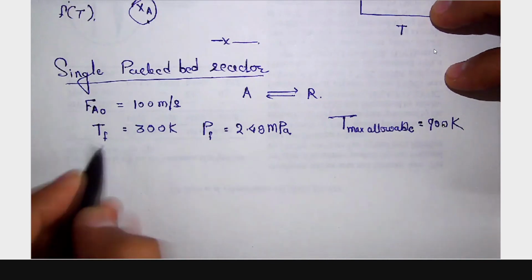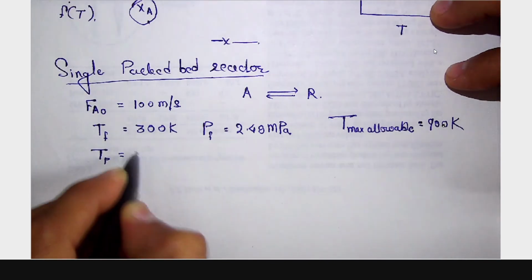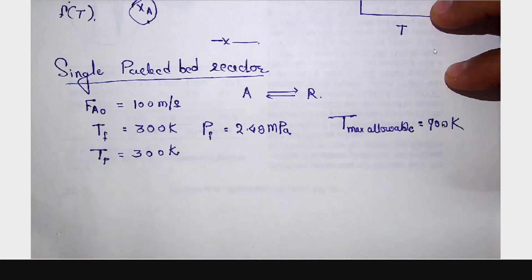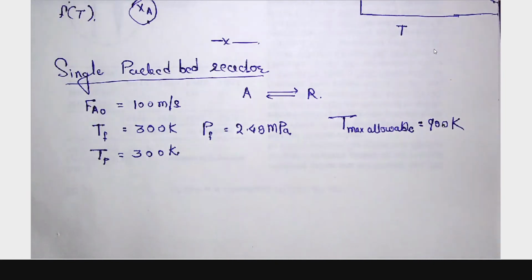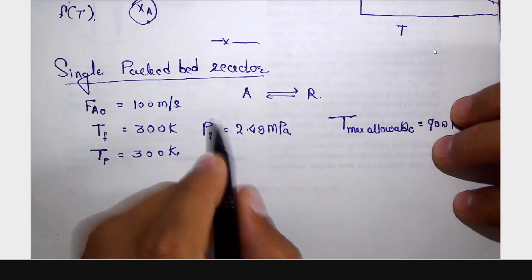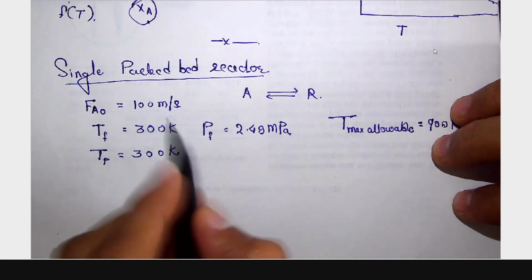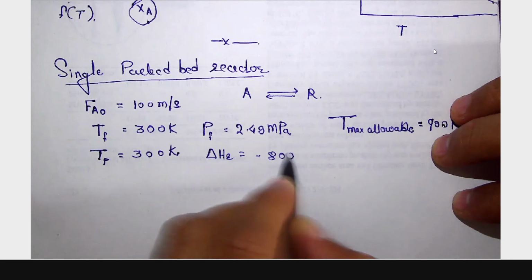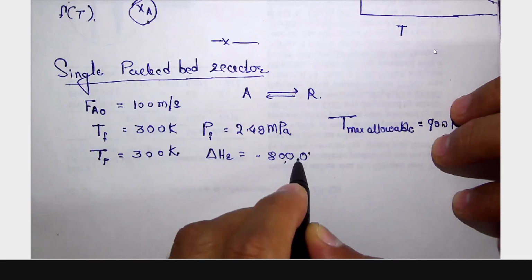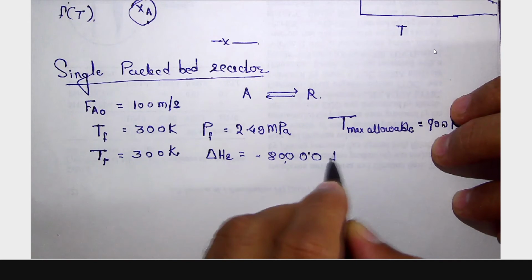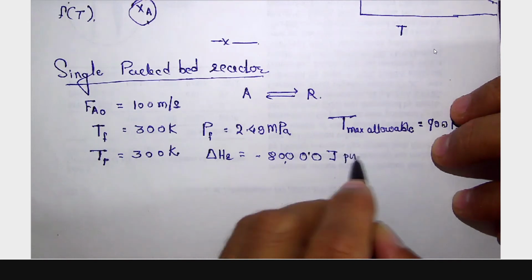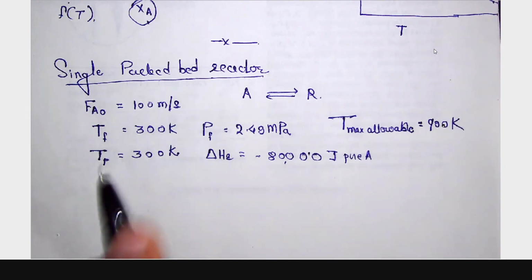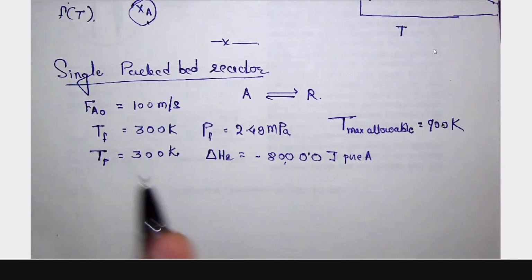We need the product TP, that is product, at 300 Kelvin. Other parameters, you see from the figure: delta HR is given as 80,000 joule for pure A. Then there is K1.